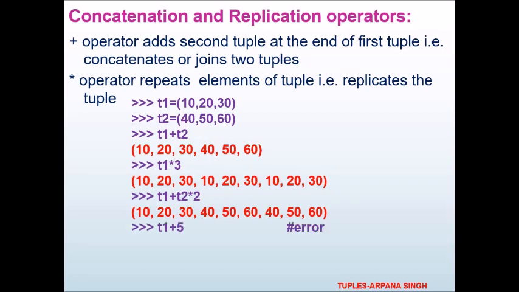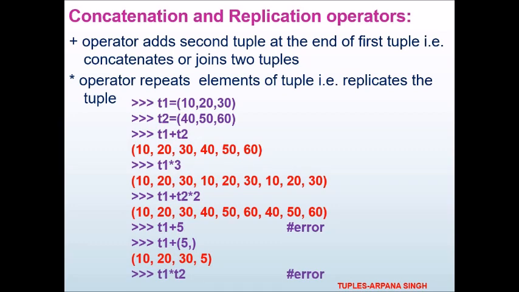If you write t1 plus 5, the plus operator requires tuples on both sides, so this will display an error. But if you write t1 plus 5 comma, now this is another tuple, we have written 5 in the form of a tuple, so you will get this another element at the end of the tuple, so it will be joining of t1 and the second tuple with one element, that is 5.